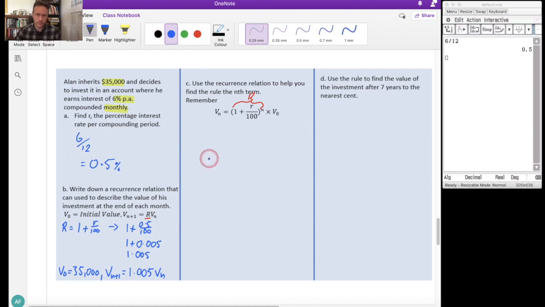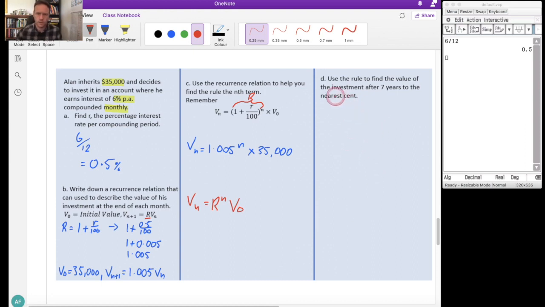The rule is Vn is equal to 1.005 to the power of n times 35,000, because we know what V0 is. Okay, so they're the key parts to it. If you need that rule more clearly, it's Vn equals R to the power of n times V0, and we populate everything but the n value there.